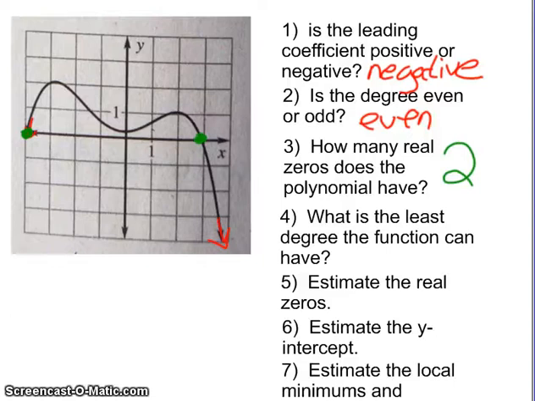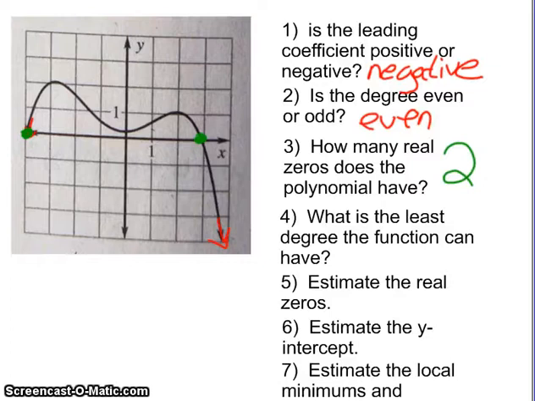So what this is going to tell you here is there is no multiplicity of 2 or greater, because it's not just touching the x-axis, it's going through the x-axis. But there are probably some imaginary zeros. The only ones we can see on the graph are the real zeros, but this polynomial probably has zeros that have an i in them, an imaginary number in them.